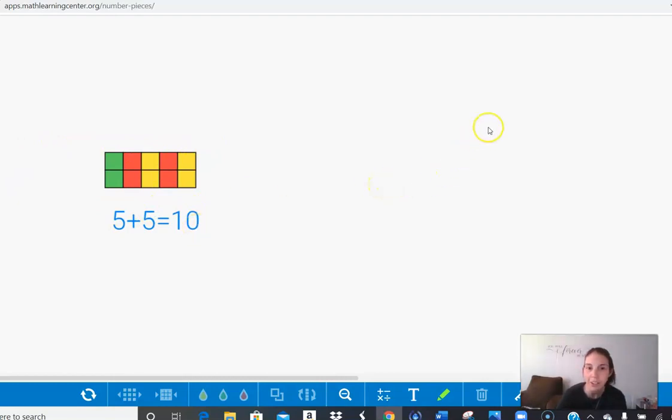Now I want you to take your 10 tiles, and this time we're going to put them into columns, 2 columns, okay? Because see, this one has 1, 2, 3, 4, 5 columns.